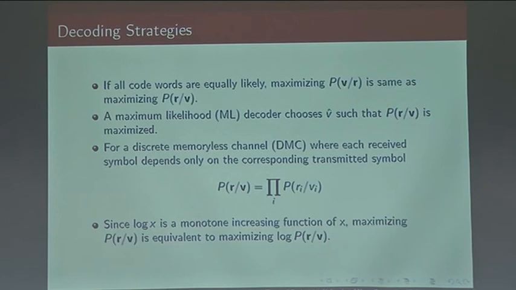So we can then take the log of this, which is the sum of these conditional probabilities. And each of these conditional probabilities is either an epsilon or 1 minus epsilon. So we're going to get a sum of either log epsilon or log 1 minus epsilon, depending on what the received sequence is and what code word V we're comparing it to.